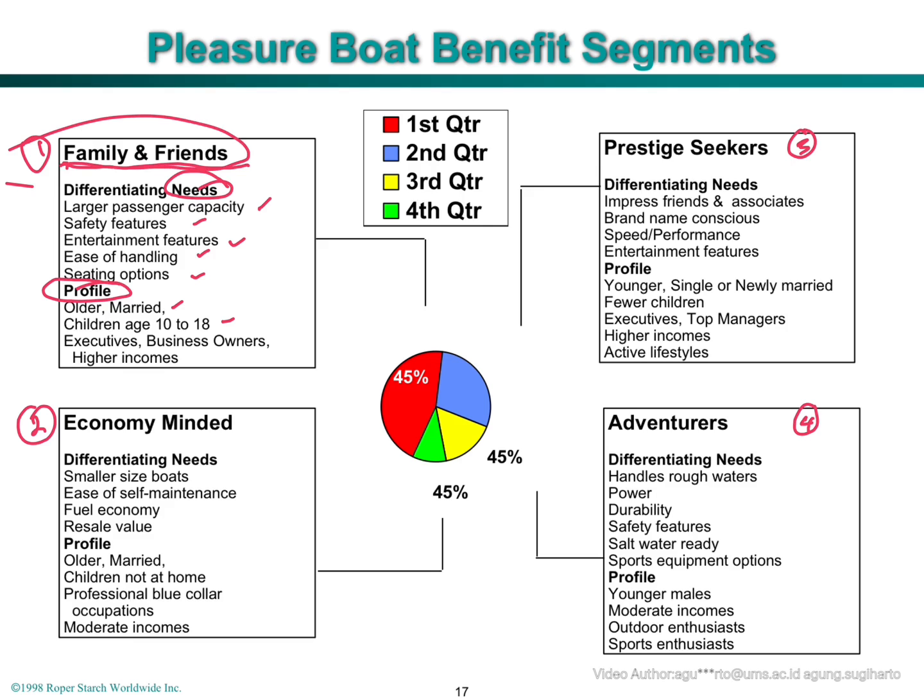In this segment, the economy minded, we have the profile here: older, married, children not at home, professional, blue-collar occupation, and moderate income. So, because of this profile, we can draw the need.